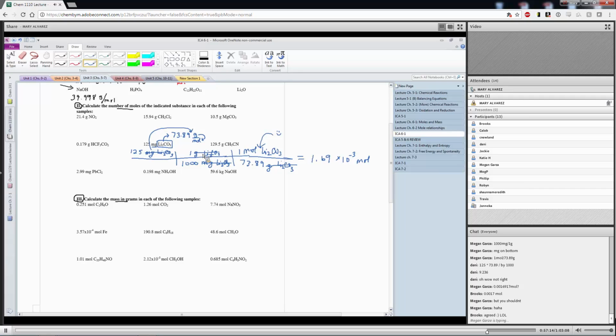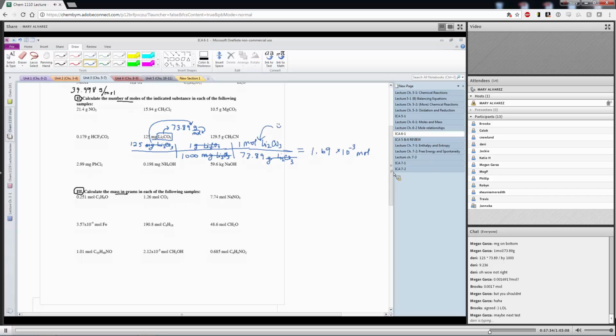I want you to be really familiar with these. So when I throw milligrams, you're like, oh yeah, that's the same as grams, that's really easy. I can get the grams from there. And then this is the only really new thing that we're doing.